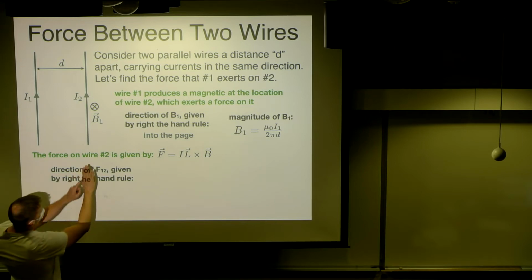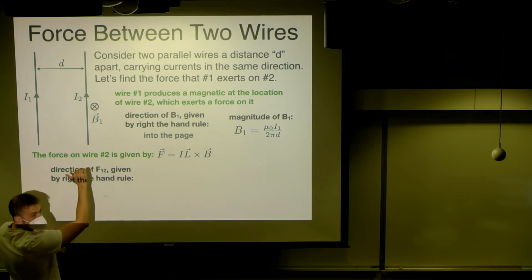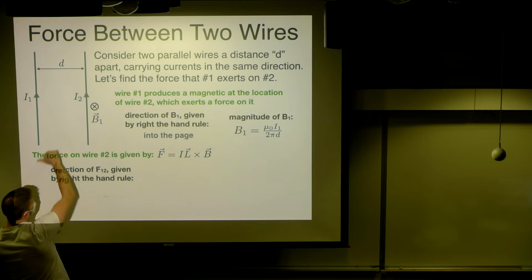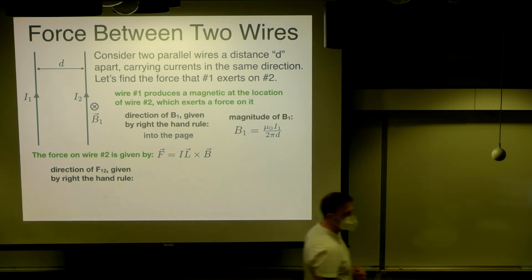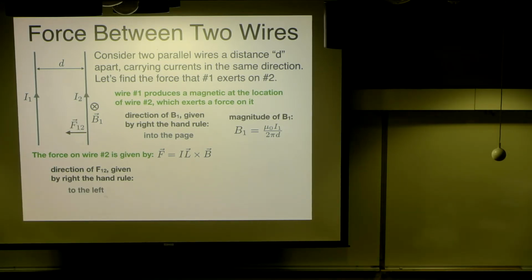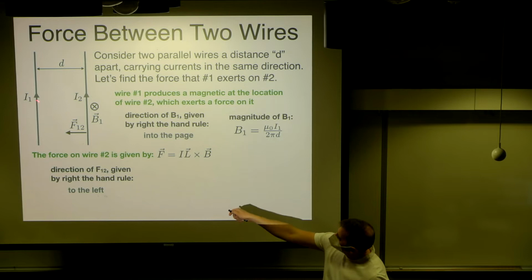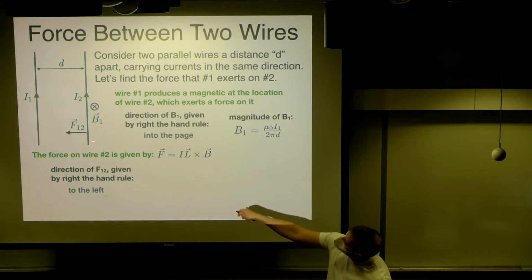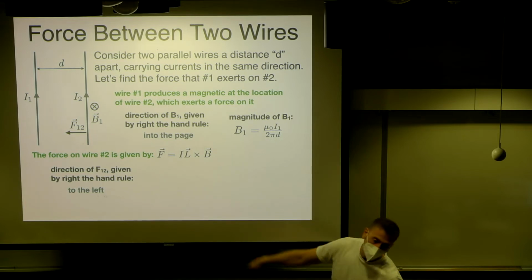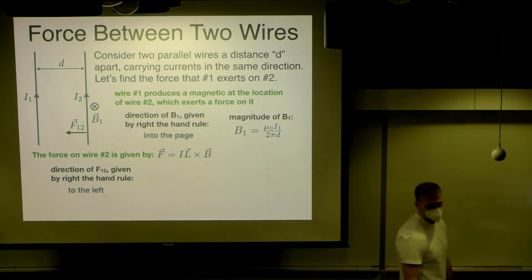L goes up. Curl your fingers into the page in the direction of the current. Which direction is the force going? Negative X. It's going to the left, all right? So it looks like we have an attractive force, don't we? So that force, F12, remember, that's the force that wire number 1 is exerting on wire number 2, we determined just now is going to the left, okay?